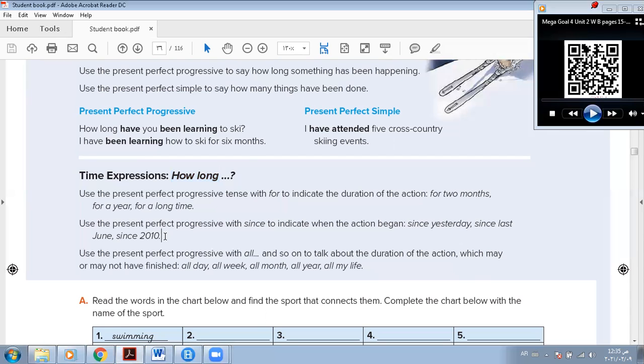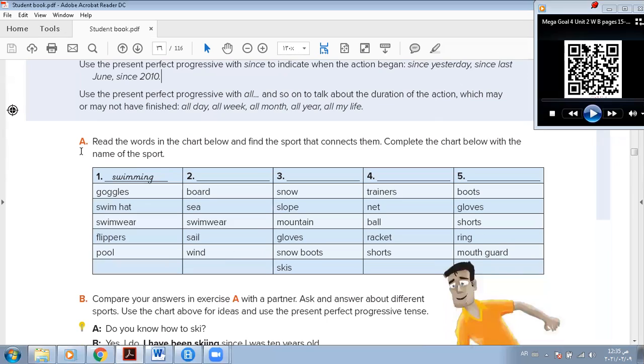At the end, I want you to answer the exercises on page number 30 as homework. As you see here in exercise A, I want you to read the words in the chart below. Find the sport that connects them.